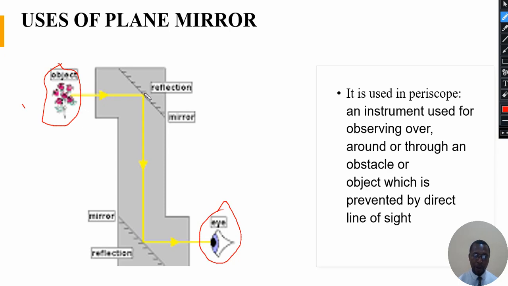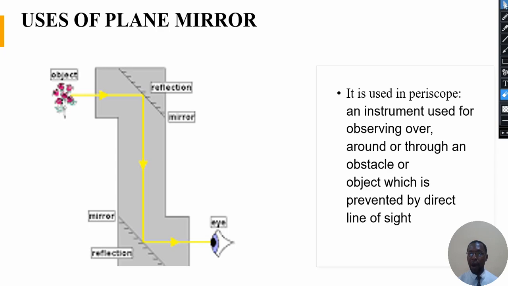And the first mirror reflects it down to the second mirror, and the flower image is seen by the viewer here. That's exactly how a periscope works, and it's because you have two mirrors embedded in it. That's one of the applications of plane mirrors in terms of reflection. So it allows us to see objects that are above us or around us.